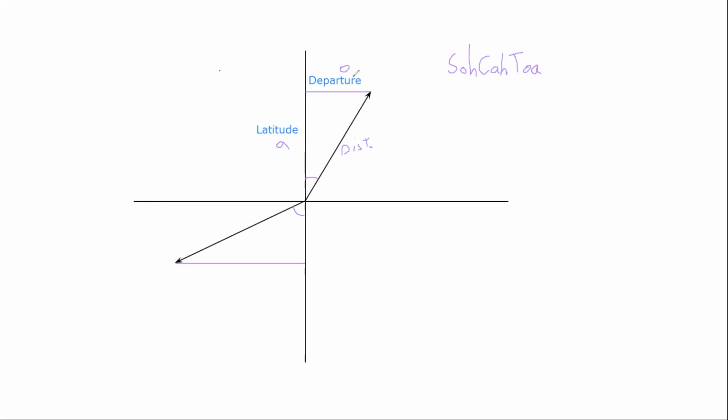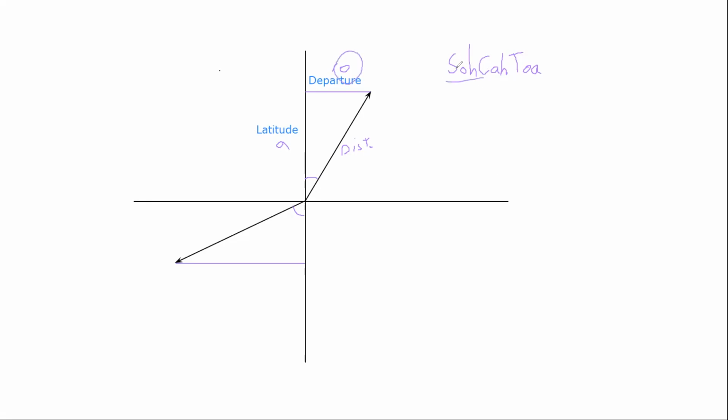So if I want to know what the departure is, what trig function am I going to use? If I only know distance and the angle, which is what you are given, maybe cosine. Well, I want opposite, right?